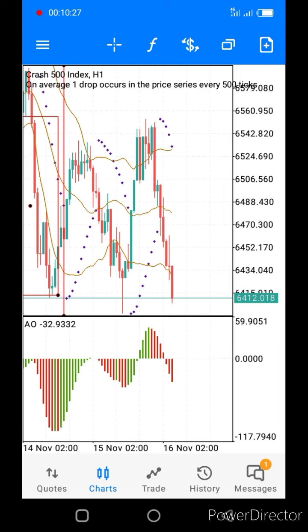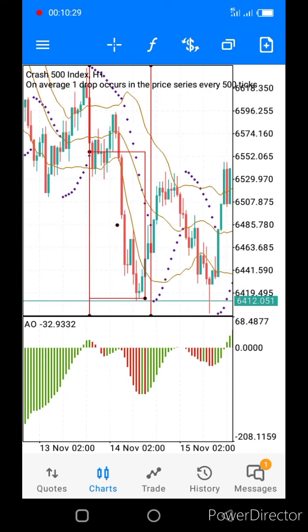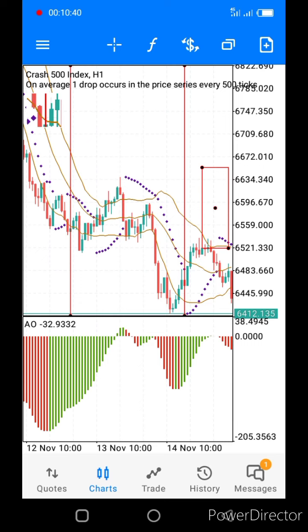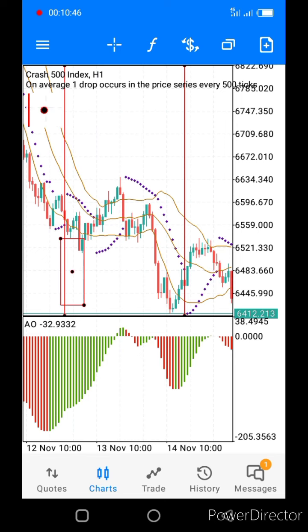So let us pick one more. I don't want the video to be long, so you can practice it. So we have another sell signal here. It triggered here. So I will try to put the box.